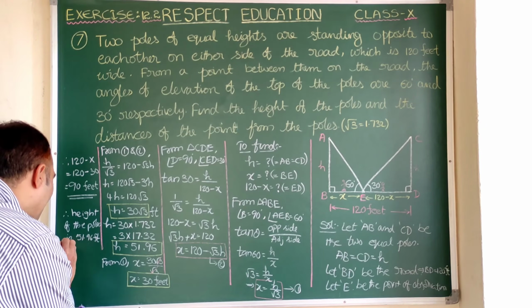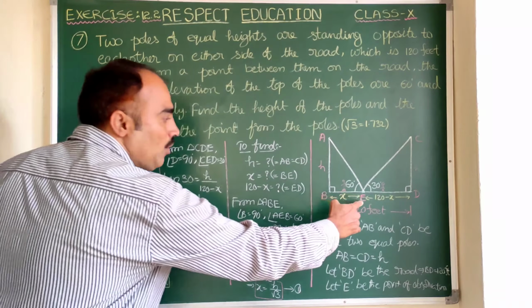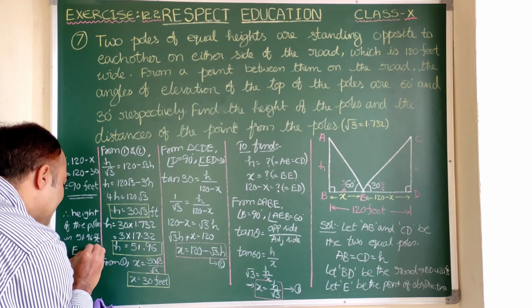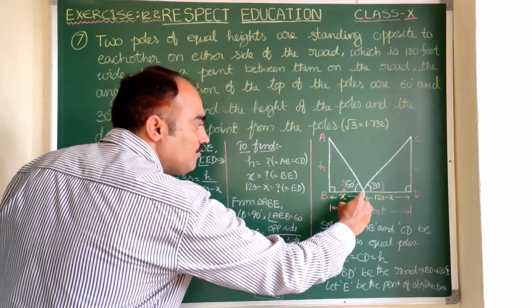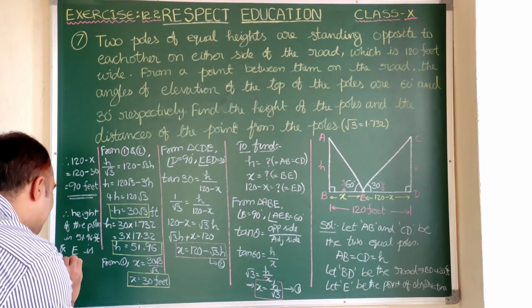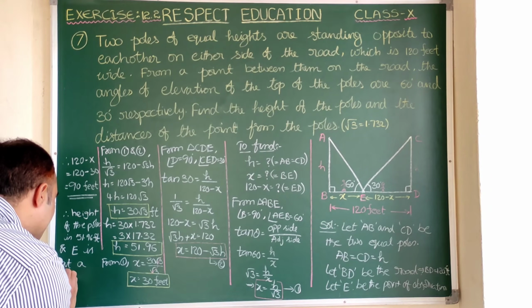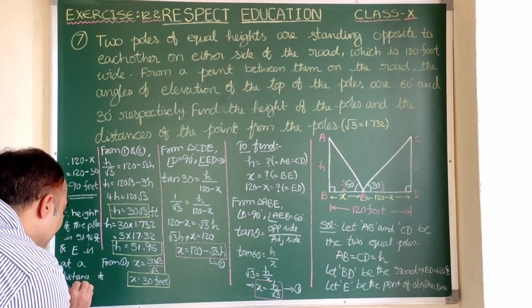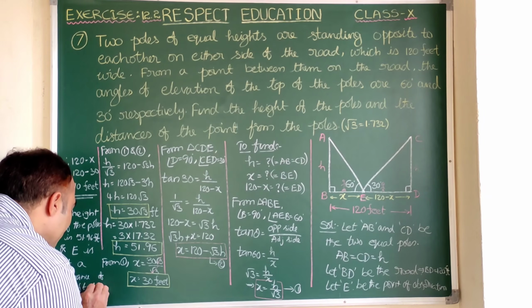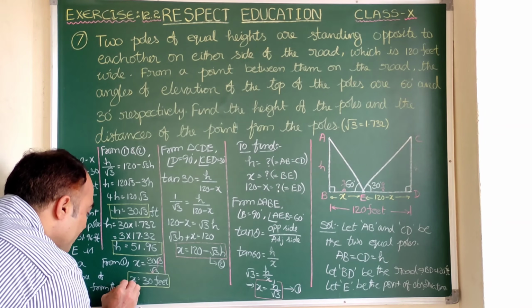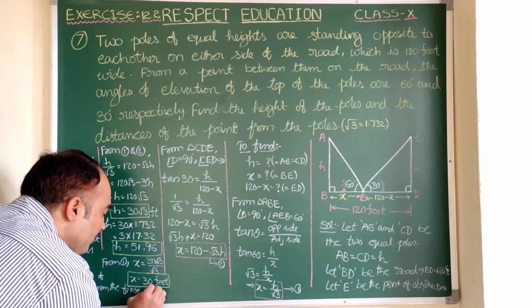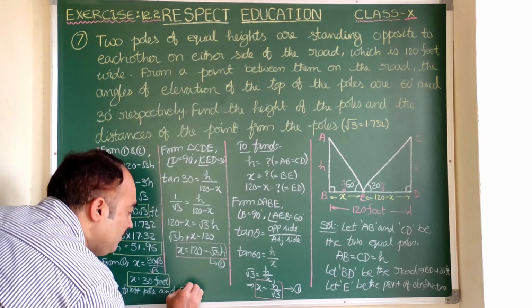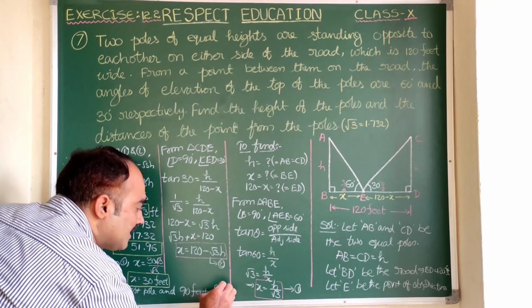And this point E is at a distance of 30 feet from the first pole, and 120 minus X, that is 90 feet, from the second pole.